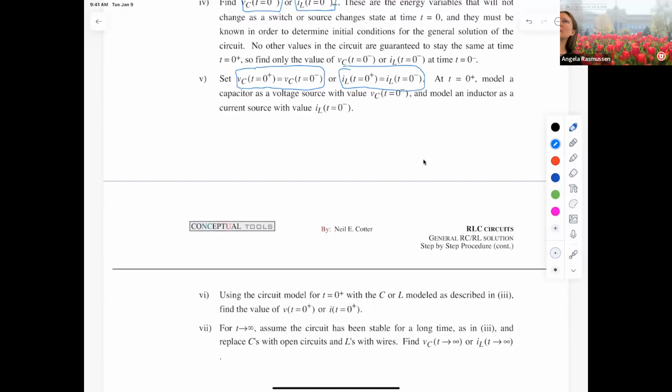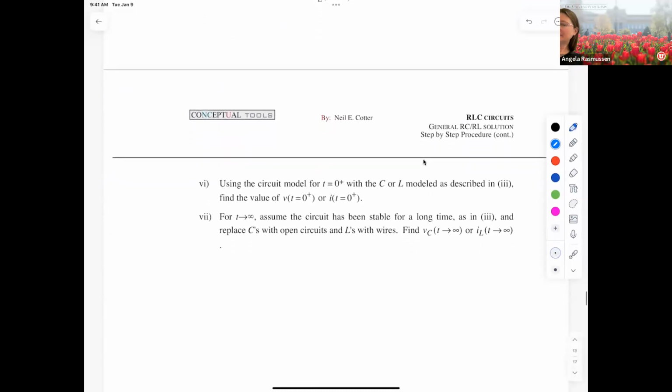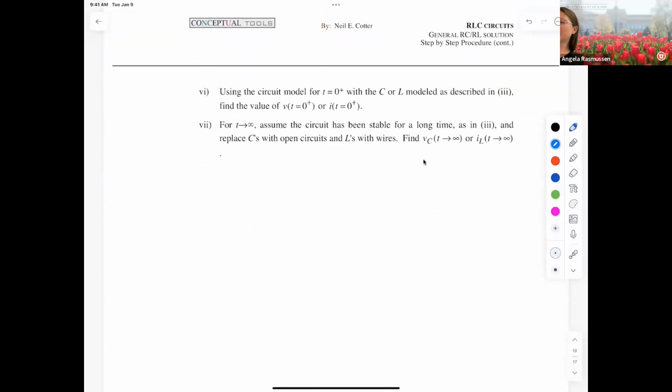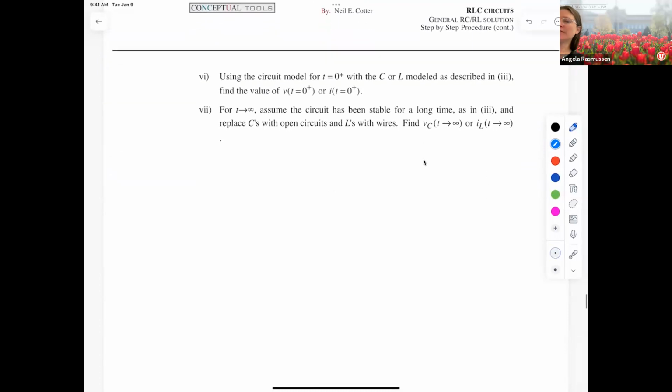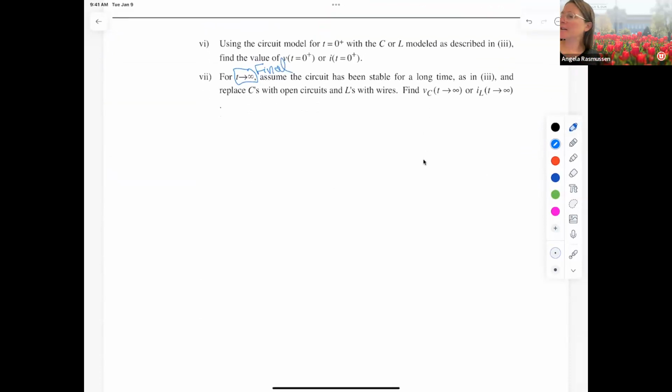So they have to be the same right after the switch and right before. And then from there, we're going to find your final value. And then find the equivalent RTH.